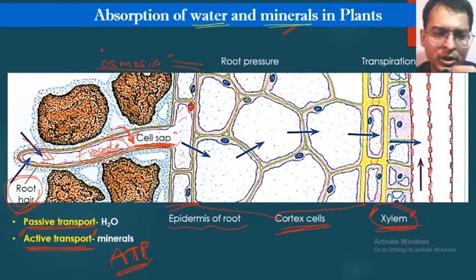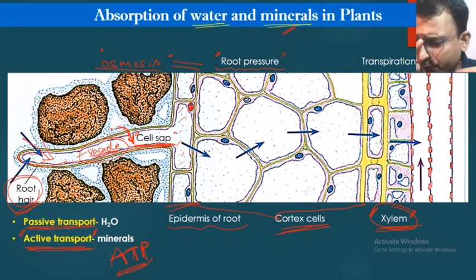Okay, now as these things are going on, more and more water is entering. This creates a pressure. What it creates? It creates a pressure which is known as root pressure. Okay, so this root pressure is responsible for the movement of the water from the root hair up to little bit height in the plant.